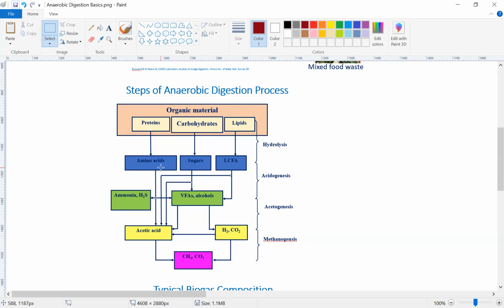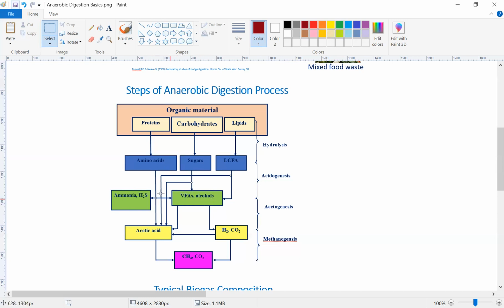They undergo the action of acidogens and produce volatile fatty acids, VFAs, and alcohols. Volatile fatty acids may be acetic acid, propionic acid, valeric acid, isovaleric acid, and alcohol may be ethanol or methanol.